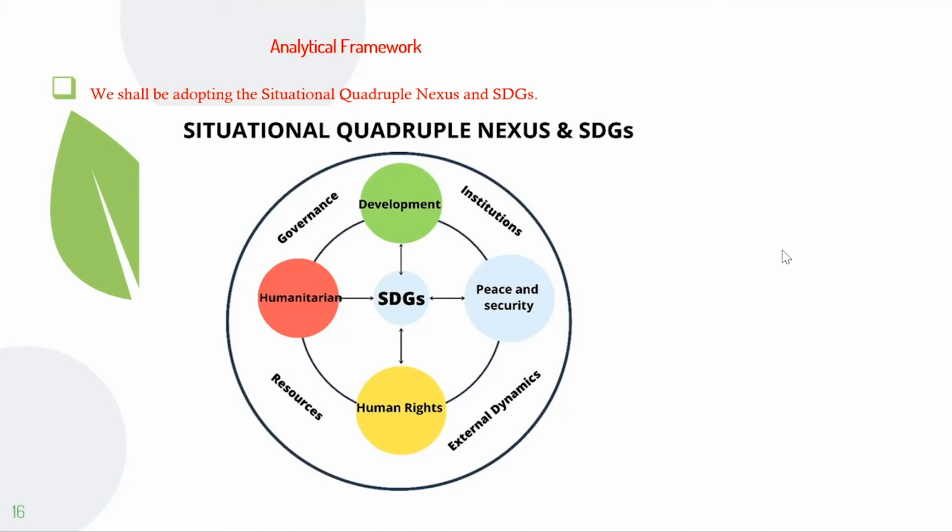If a country lacks resources, it becomes difficult to achieve the end goals of the situational quadruple nexus. But having resources is not enough, because you may have all the resources necessary and you still don't get anywhere. Many countries without resources have been doing well for themselves at the international level.